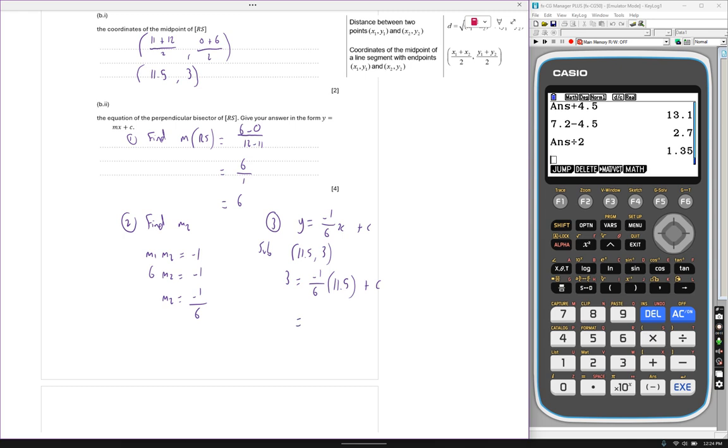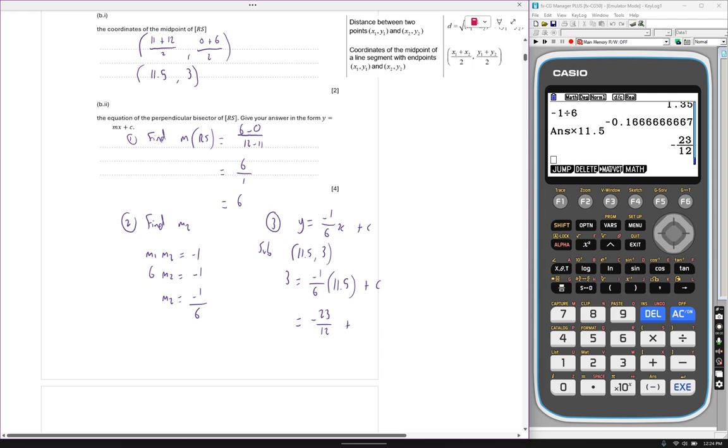So I'm going to type -1 over 6 on my calculator, times that by 11.5, and we get that number. So let's keep it as a fraction. So -23 over 12 plus c, all of that equals 3.